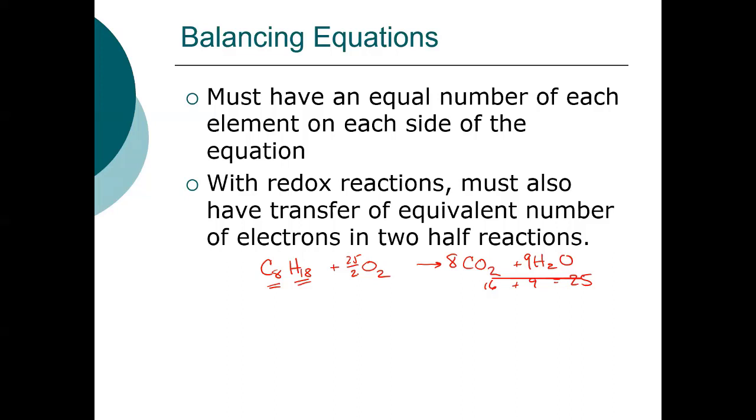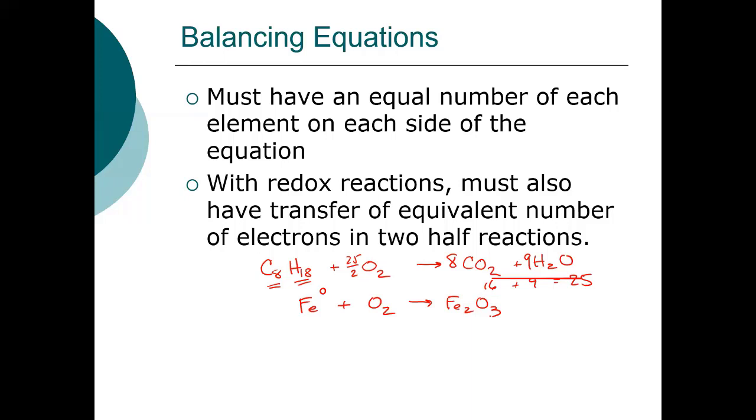It's a little more complicated if we look at the redox chemistry. So for instance, if we look at rust reactions, so we start with metallic iron, reacts with oxygen, and forms Fe2O3.